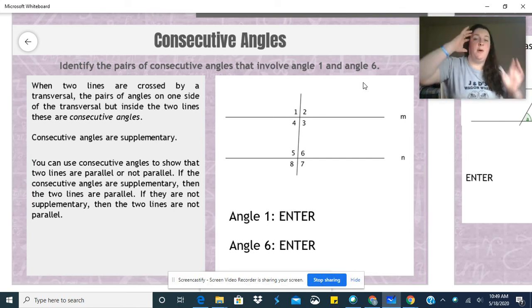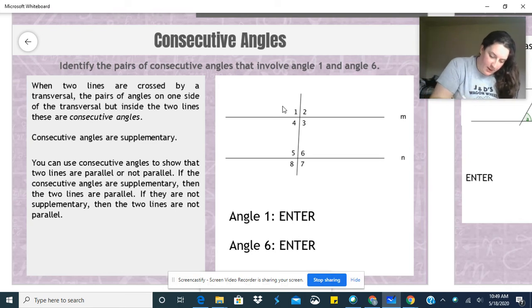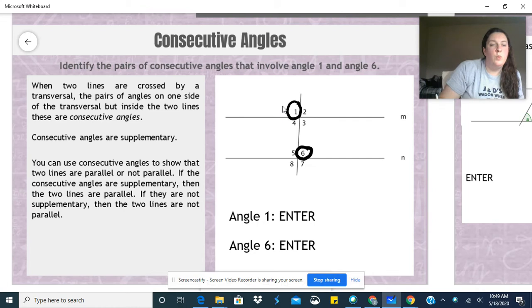Mine says something different. Okay, taking a look at angles 1 and 6. So here's angle 1, here's angle 6. What are the consecutive angles that involve angles 1 and 6?